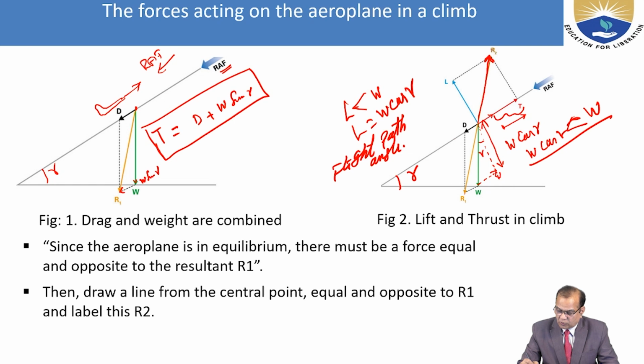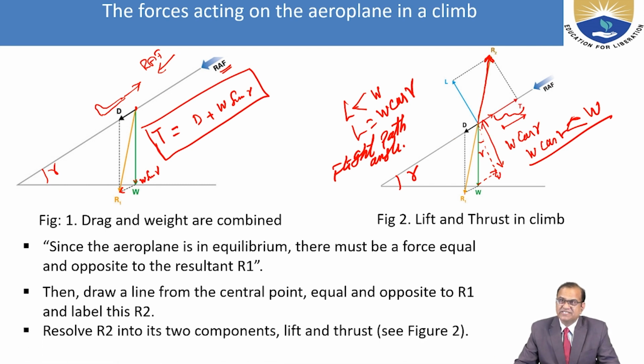Perpendicular to this is the lift, and parallel to this is the thrust. This thrust is more than the drag, but this lift is less than the weight during the climb. If we resolve R2, it has two components, lift and thrust.